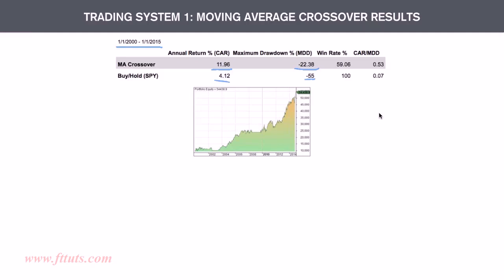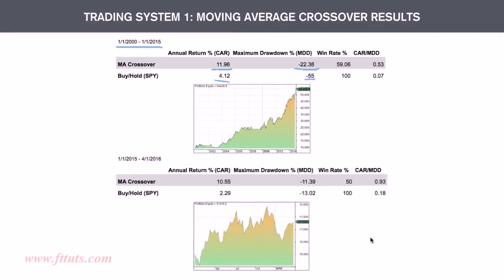Moving the dates forward, we can now test the system on a small amount of out-of-sample data. So running this system between the 1st of January 2015 and the 1st of April 2016 returned 10.55% with a maximum drawdown of 11% and a win rate of 50%.